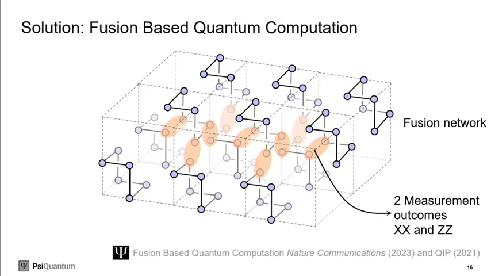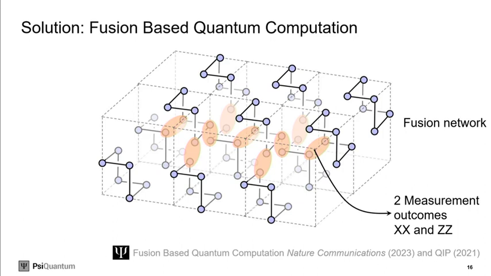For this, our solution is a slightly different paradigm for quantum computation that we call fusion-based quantum computation, and the basic idea is that if you take these resource states and fusions and you put them in some sort of 3D arrangement, you can actually get a kind of fault tolerance which is very similar to surface code fault tolerance.